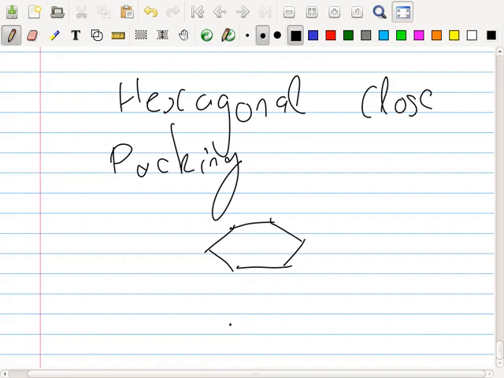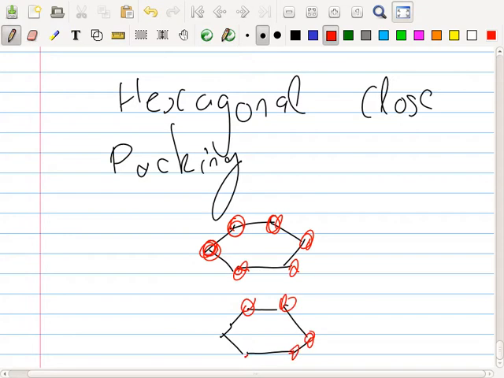So you have atoms here, here, here, here, here, and here, and then some here. And then you have 3 in the middle. That one's called hexagonal.